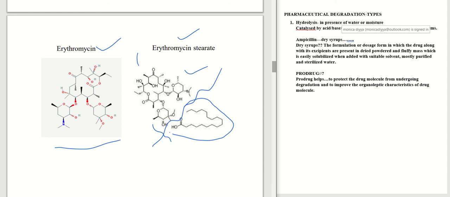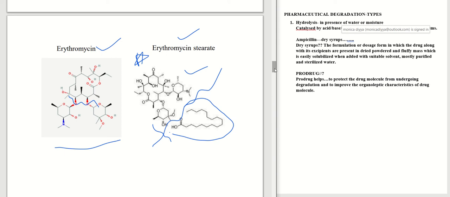So this is how erythromycin will be protected. If not, this erythromycin will undergo degradation and the actual chemical structure will be destroyed. That is how we are protecting the molecule from being degraded. This is the concept of prodrug.